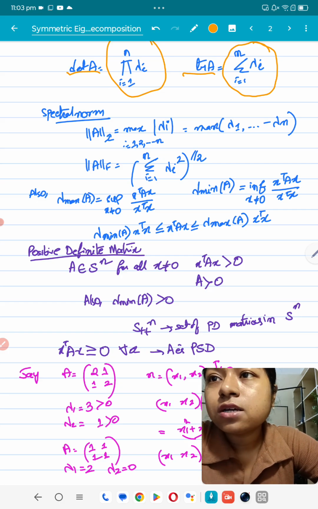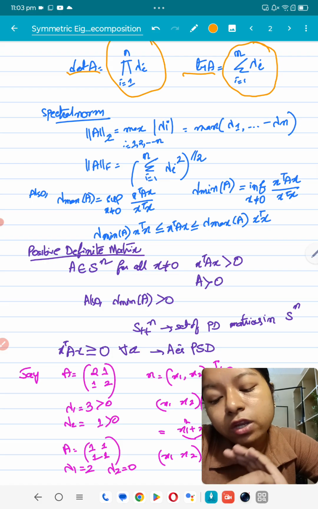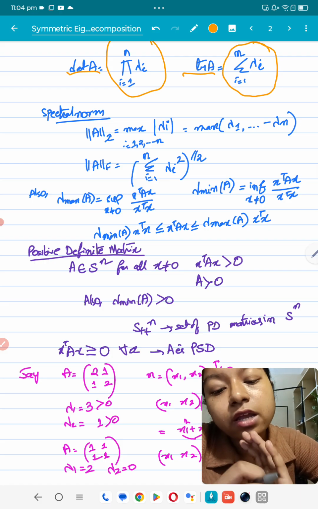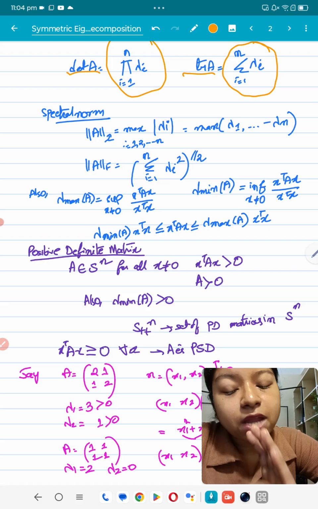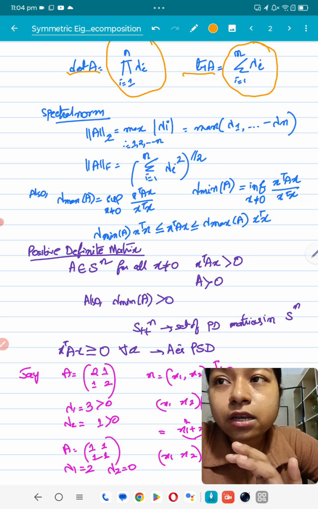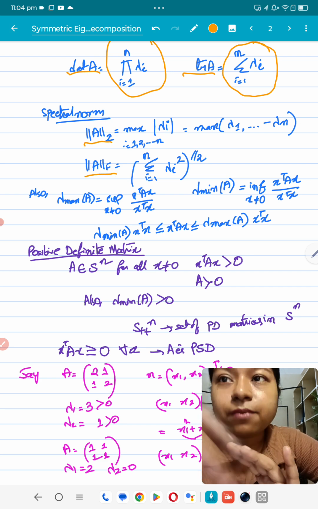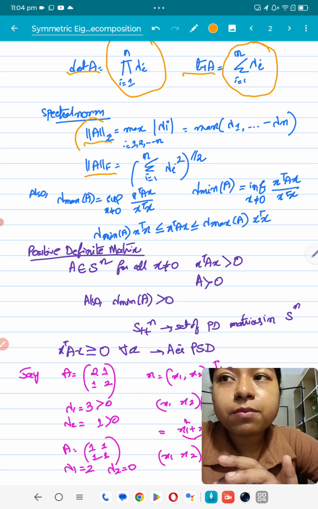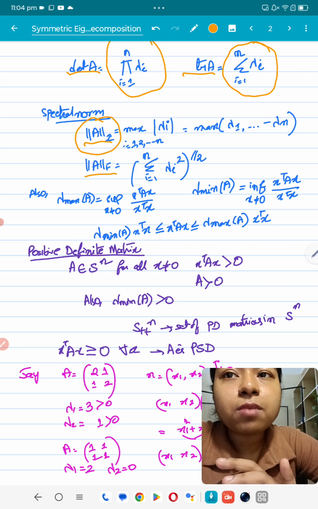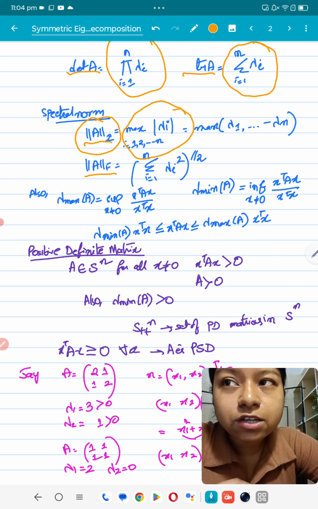Next is the spectral norm. In this portion we are discussing the importance of lambda, the eigenvalues. Using the eigenvalues we can calculate the spectral norm and the Frobenius norm of the matrix A. The spectral norm can be found by taking the maximum of all the eigenvalues in magnitude.